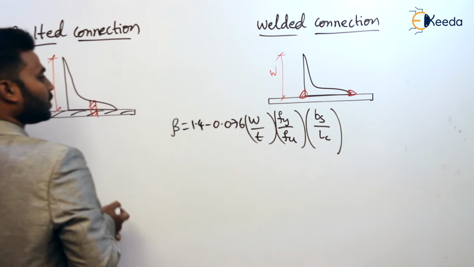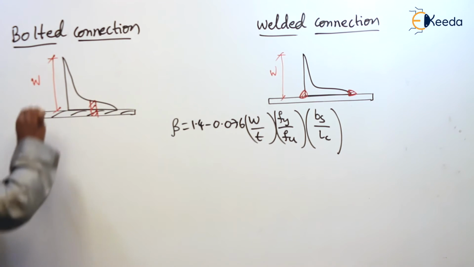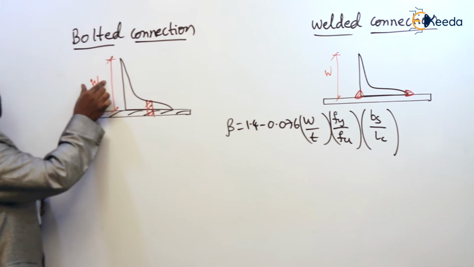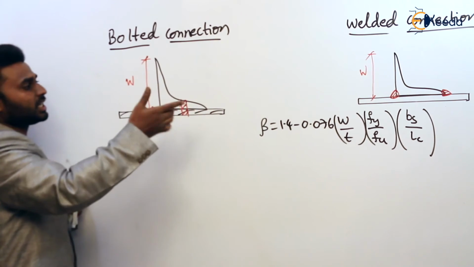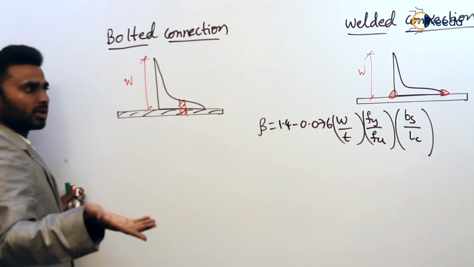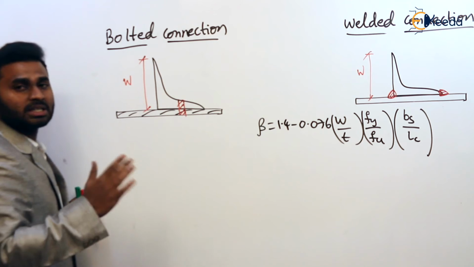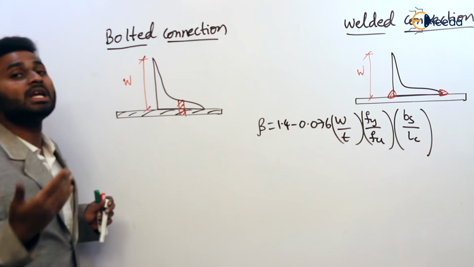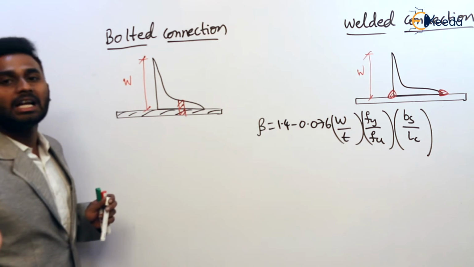Agree or not? So W is the width of the outstand. T is the thickness of the angle, quite obvious. Fy is the yield stress. What is Fu? Ultimate tensile stress.